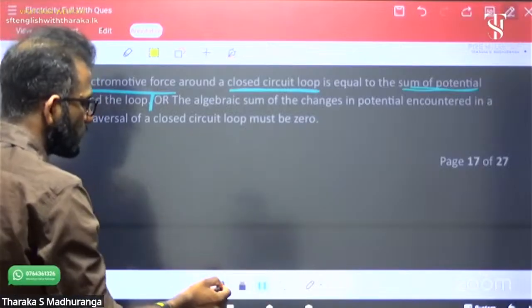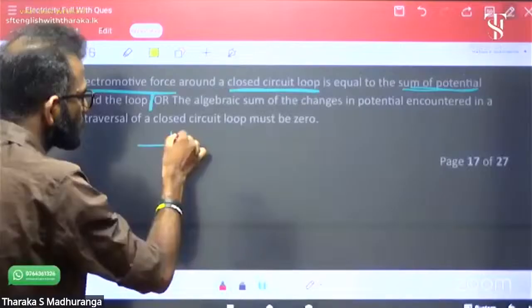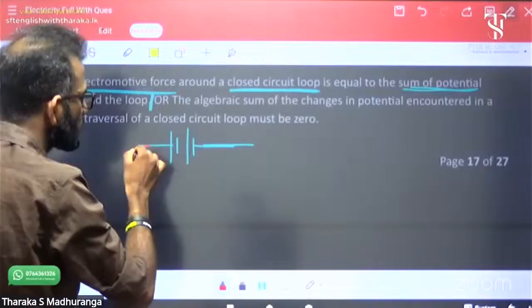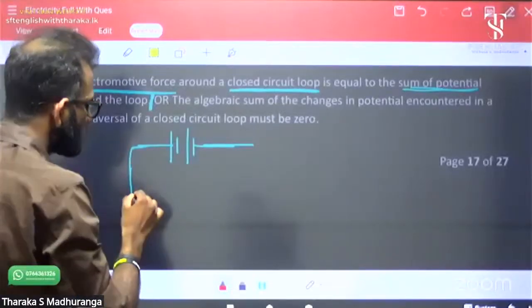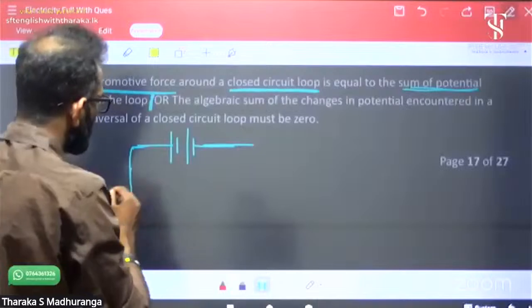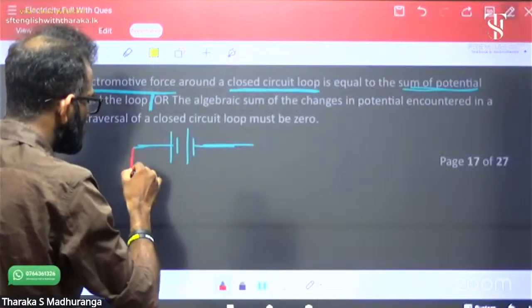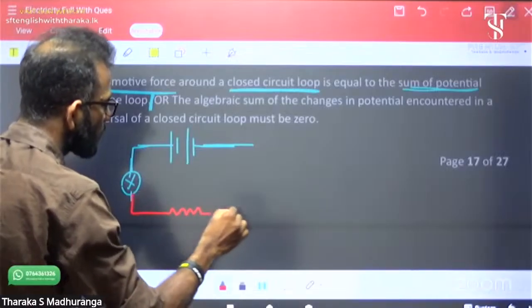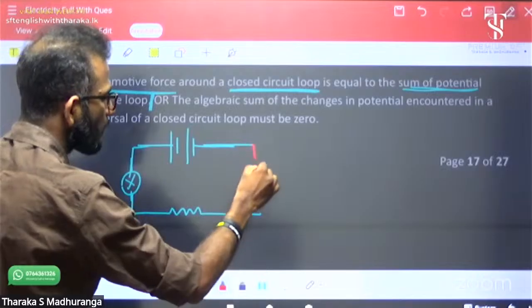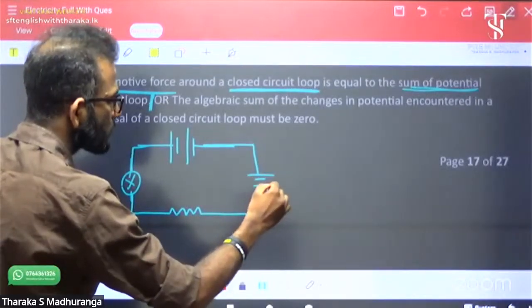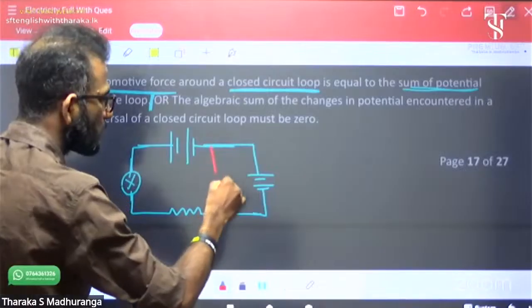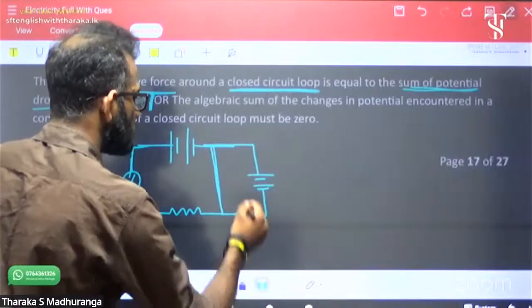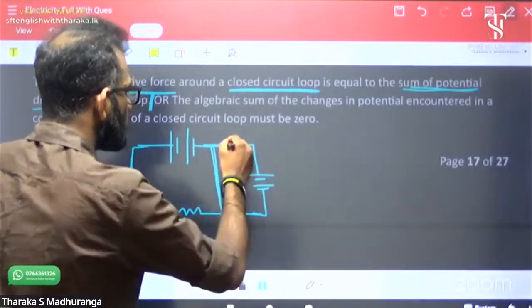Closed circuit loop. It's like this. Now think it is a battery. Now it's a bulb, resistance, another battery, resistance.